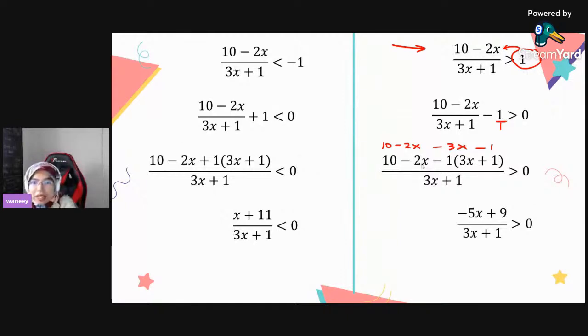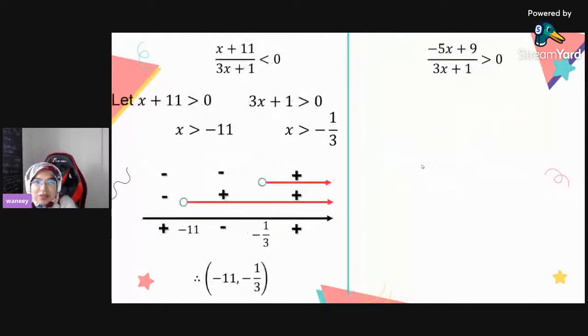Next, you can either do table of sign or real number line, up to you. If you used the real number line earlier, you can stay consistent. Now I'm going to take my numerator, negative 5x plus 9 greater than 0. Making x the subject, x will be less than 9 over 5.